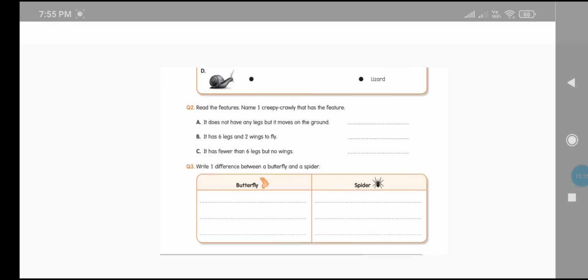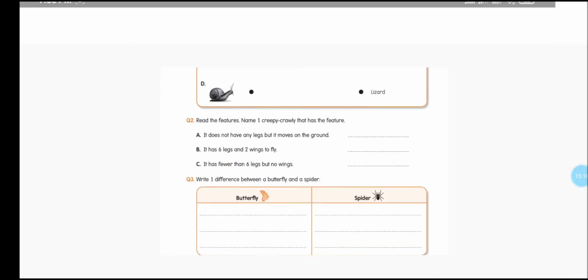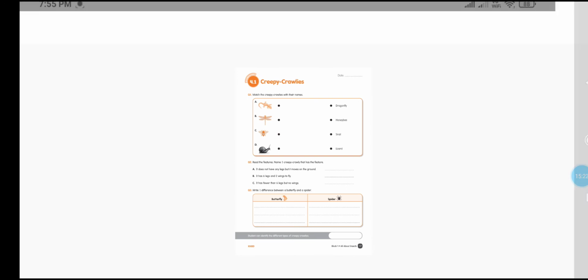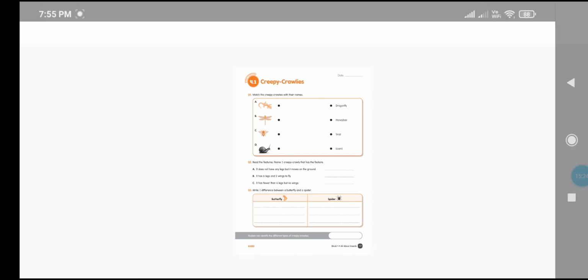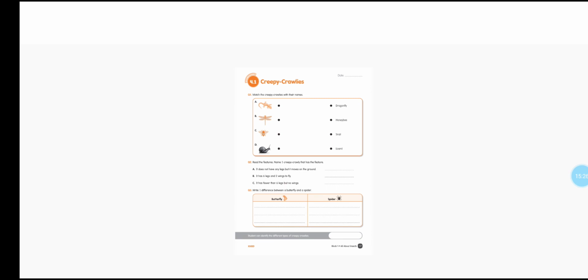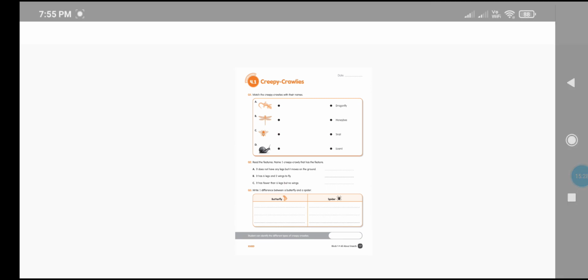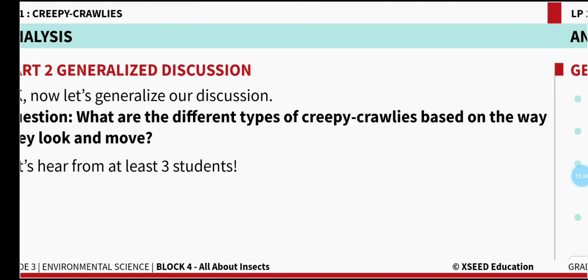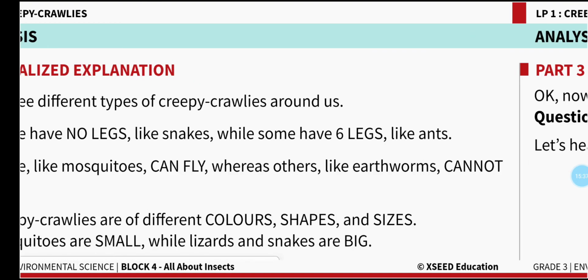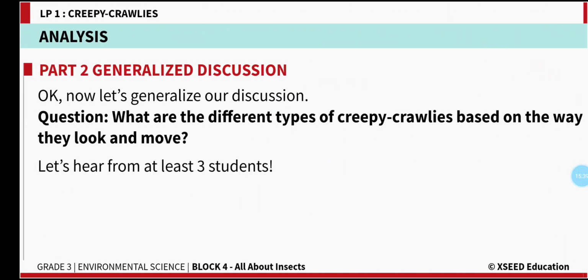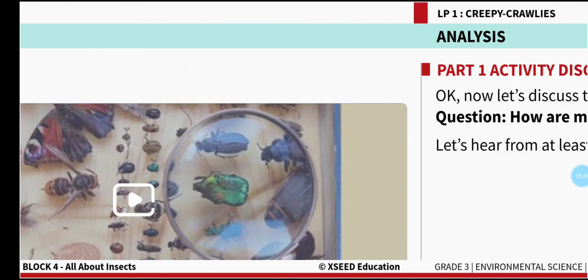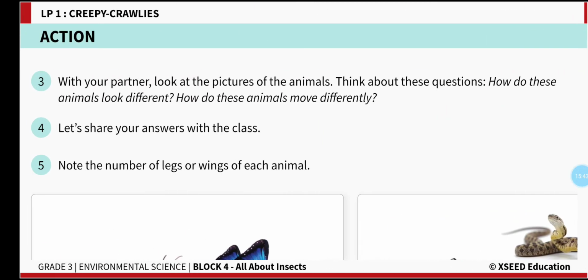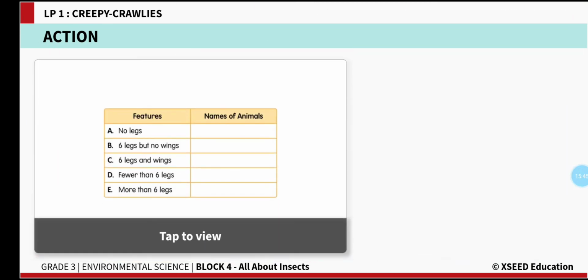Understood, children? So in today's class, you learnt about creepy crawlies whose body is very close to the ground and who move very slowly. You learnt very well, right? And you also saw the different pictures of creepy crawlies, and now you are able to identify the creepy crawlies around you.